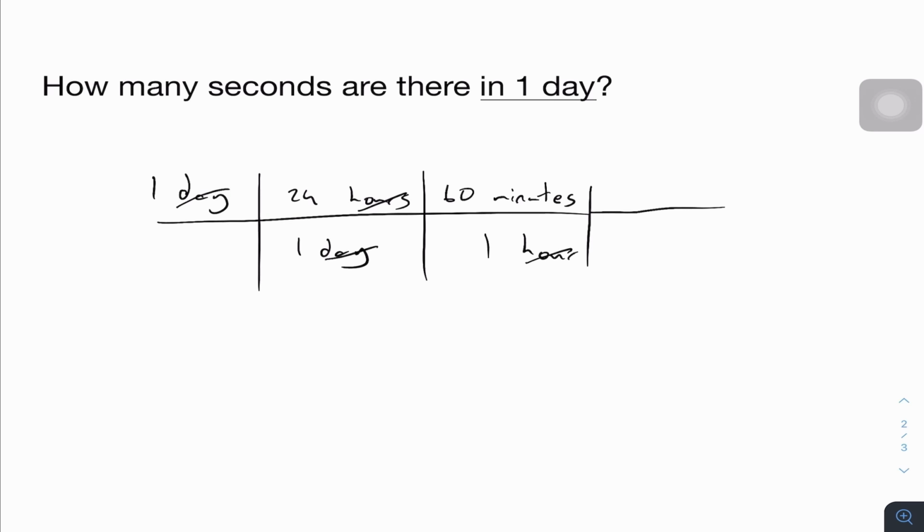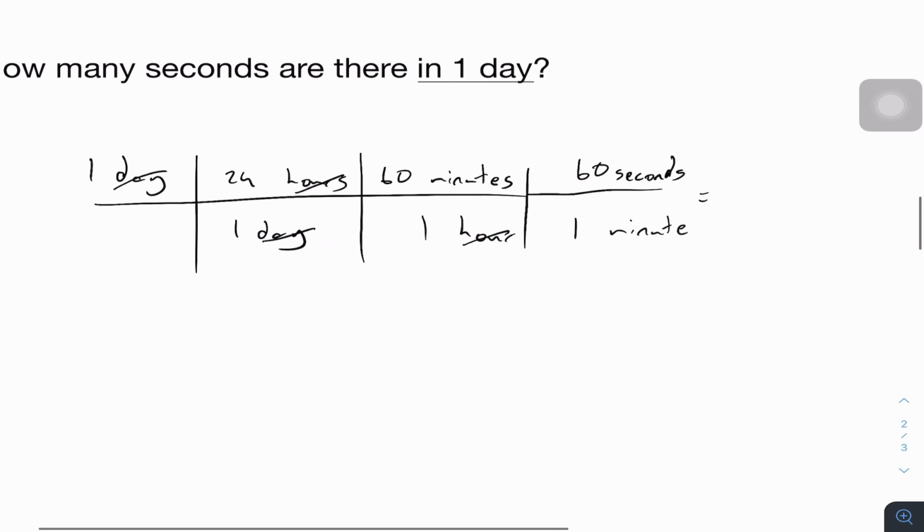Minutes does not work, so minutes goes at the bottom. 1 minute. Next smallest unit is seconds, which we want, so there's 60 seconds in 1 minute. The minutes cancel out, and the only unit we're left with here is seconds.